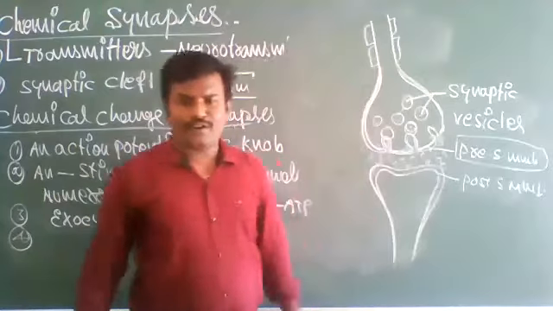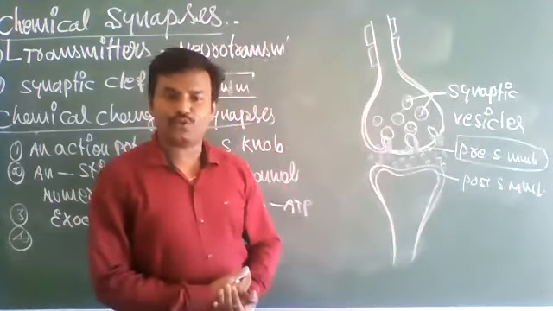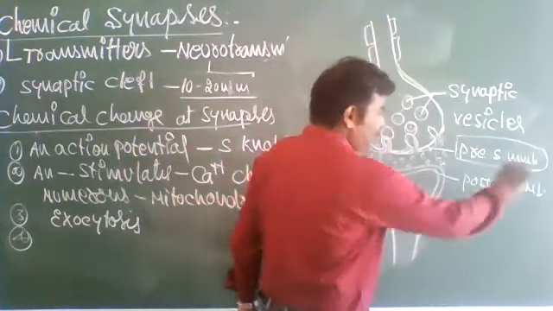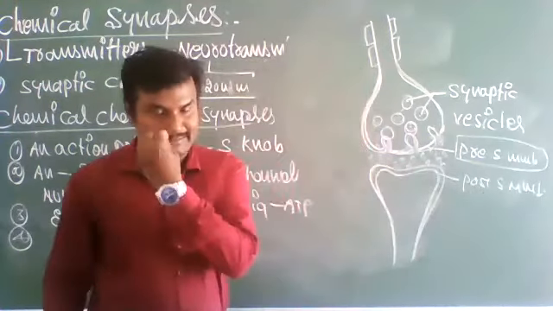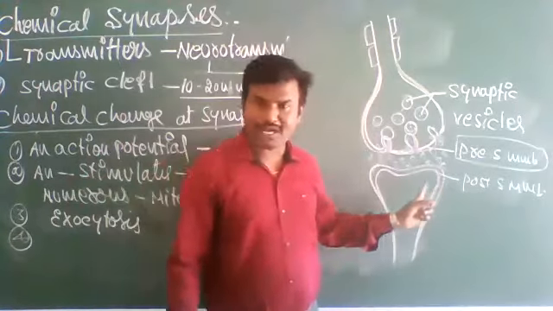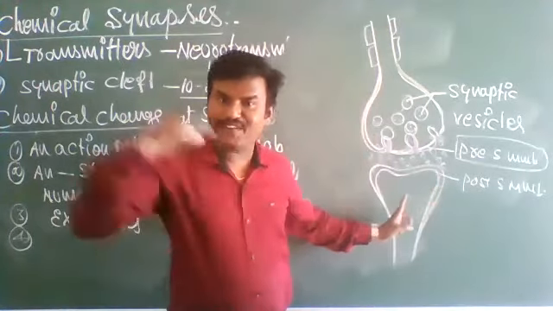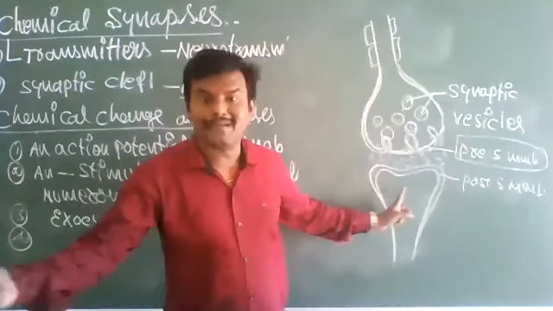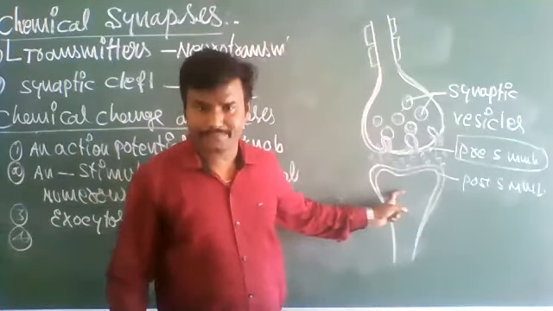Here, one more very important piece of information we have to discuss. This is the post-synaptic membrane. Post-synaptic membrane means the dendrites of another neuron, or muscles, or a target cell.